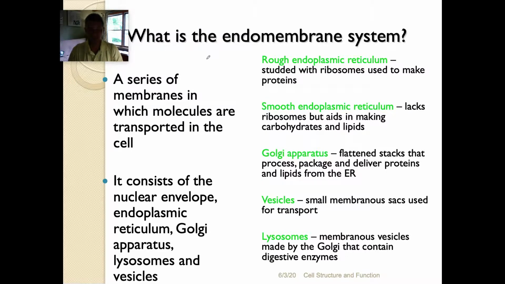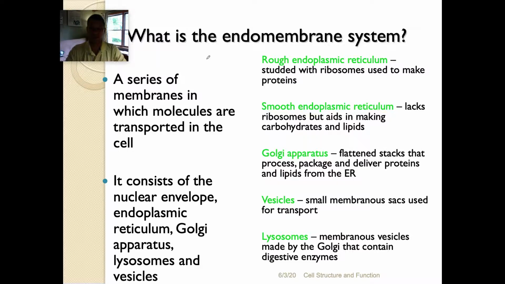The endoplasmic reticulum is divided into two different pieces. The rough endoplasmic reticulum is studded with ribosomes, which gives it the rough look under a microscope. And the ribosomes, remember, are the protein factories. They are the site of protein synthesis.